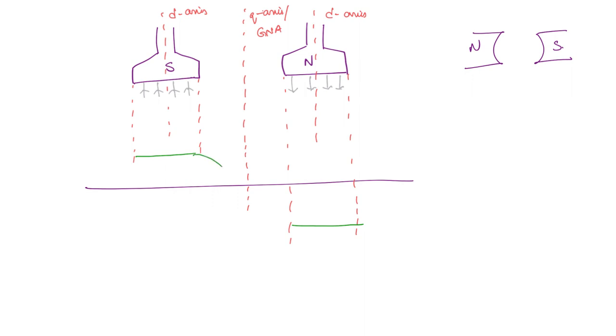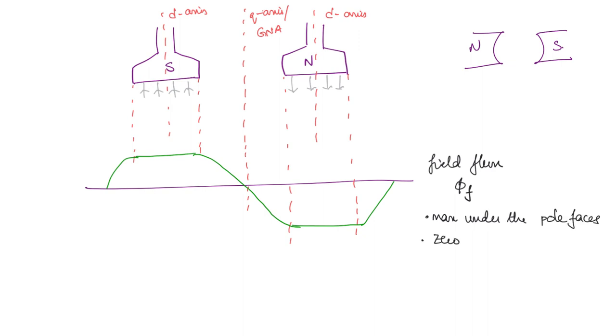So you are going to get the field flux like this. So this we represent as phi f. It is maximum under the pole faces and 0 at the q axis or the geometric neutral axis.